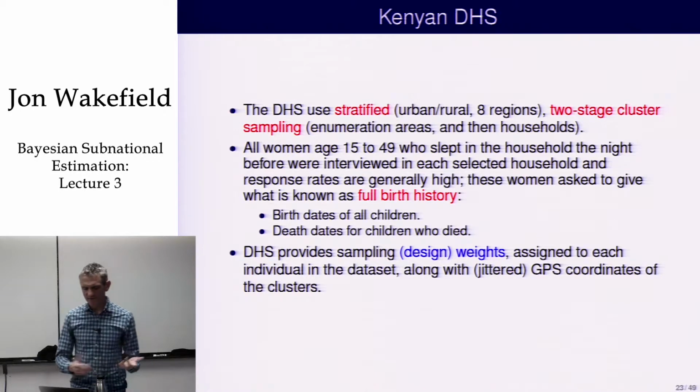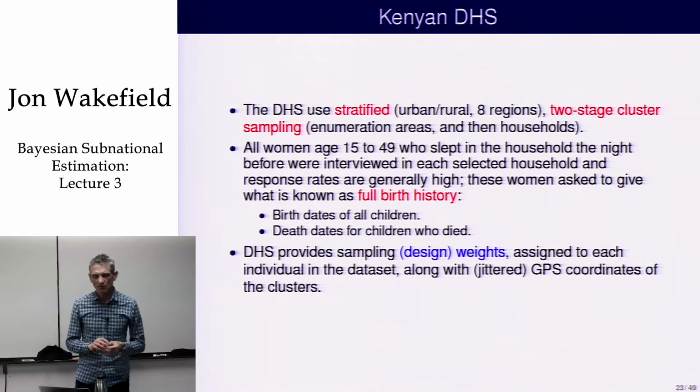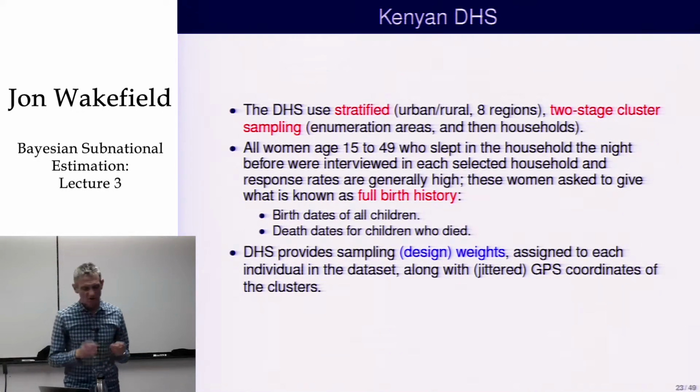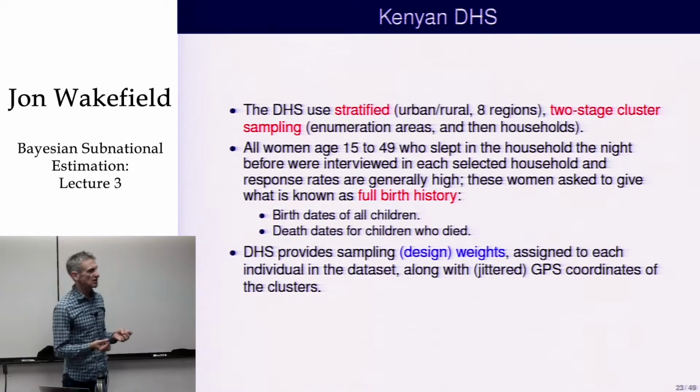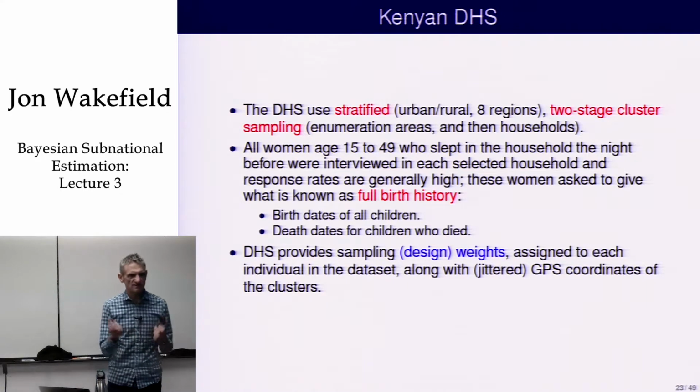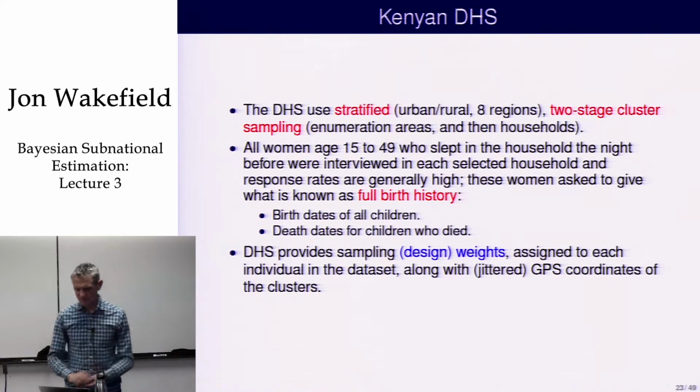And then all women aged 15 to 49 who slept in the house the night before are interviewed and asked a number of questions, including what's known as their full birth history. So the birth dates of all their children, and then if their children died, when they died. And then the DHS provides the responses along with design weights to reflect the design, and also GPS coordinates. We're not going to talk about jittering here, but they're actually moved a small amount, or different amounts in urban and rural, to protect confidentiality.